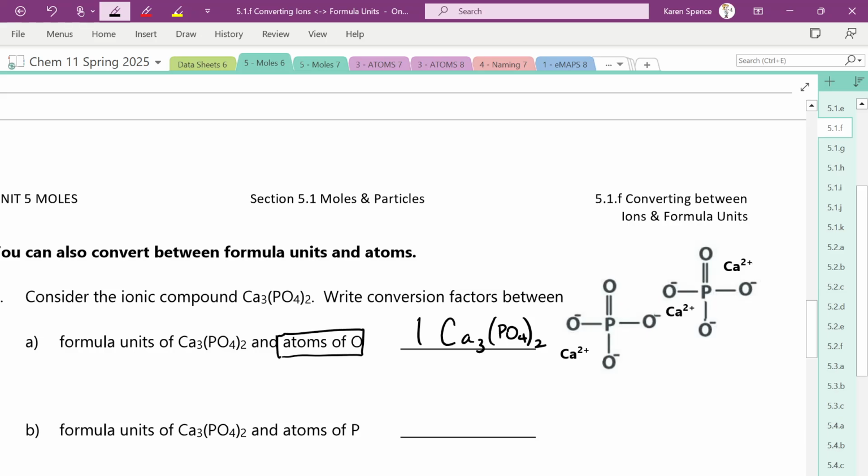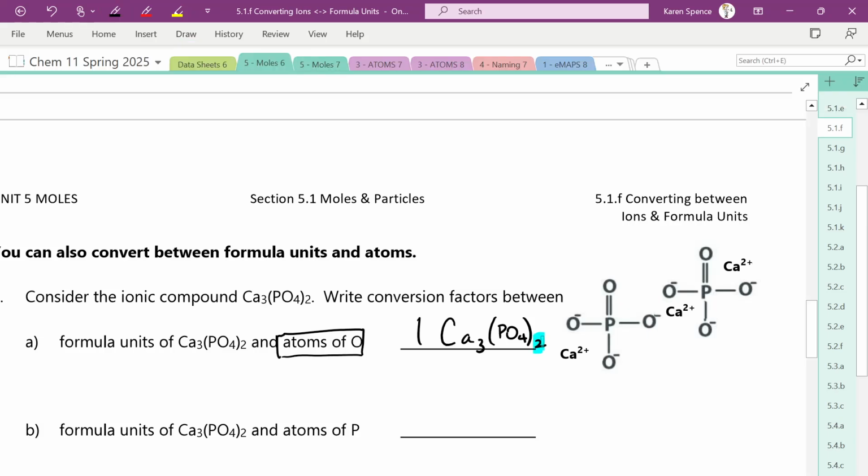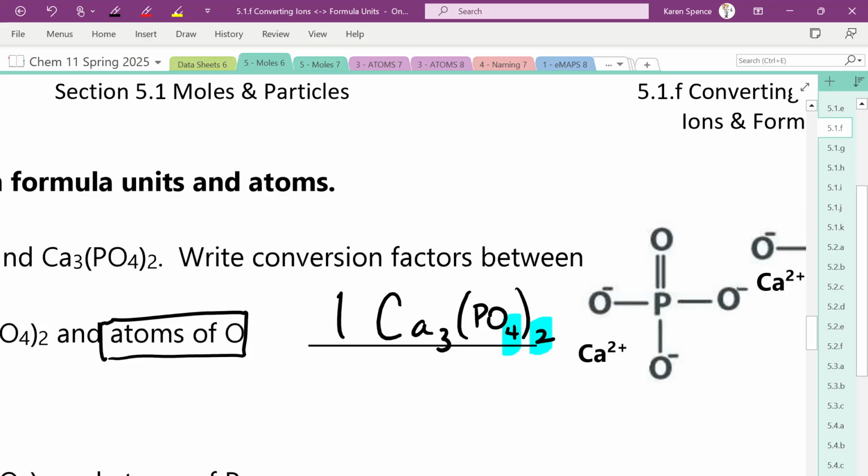Tell your partner. We have the 4 inside the brackets. We have the 2 outside the brackets. So that gives us a total of 8 O atoms.